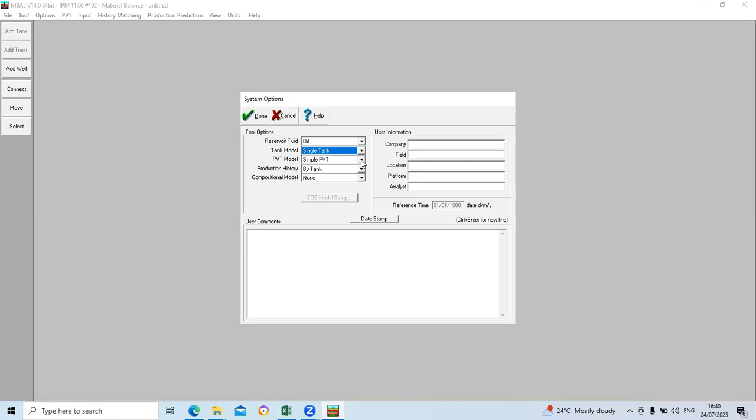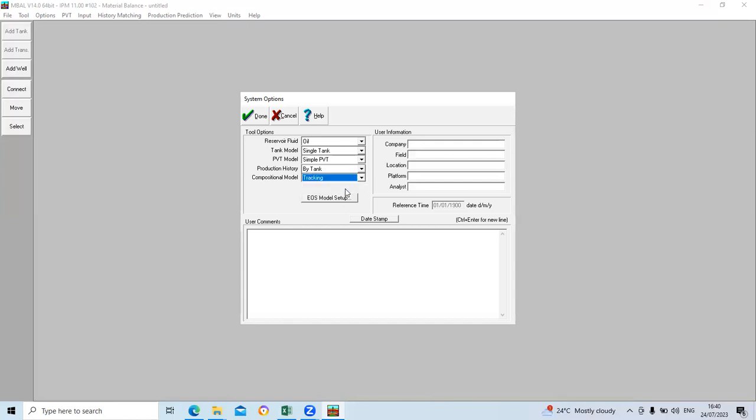For PVT modeling, we have simple PVT modeling. For production history, we have by tank. Then we have our compositional model. There is no compositional model. Once you select a compositional model, a lot of things come up that you need to start handling.